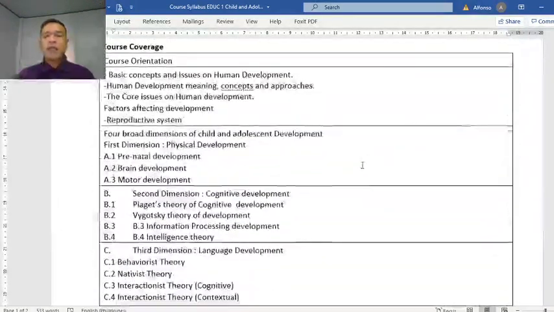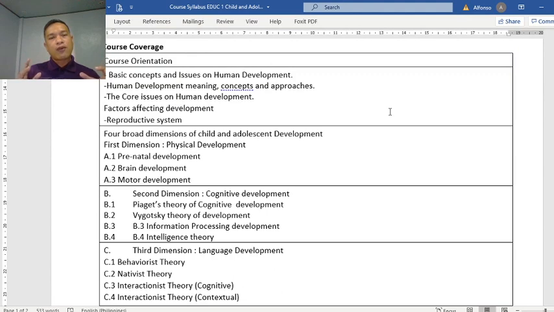The critical part of our discussions or learning episodes is how exactly we are going to put our understanding of the concepts into classroom situations. That is what we mean by the classroom implications of what we are going to talk about in the different theories and concepts of this course.